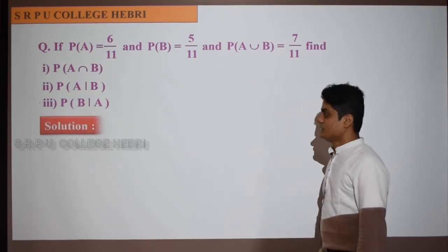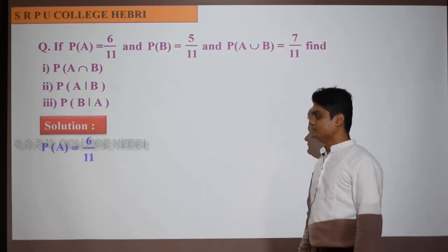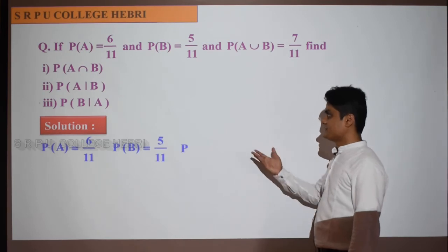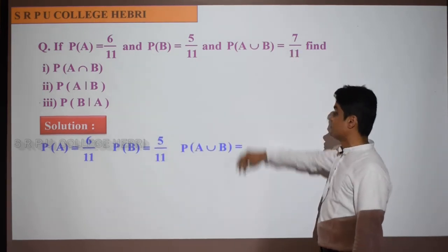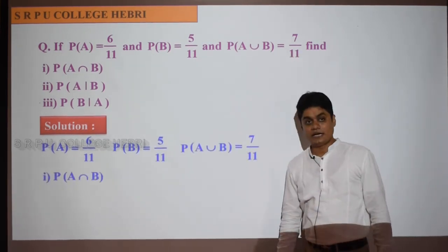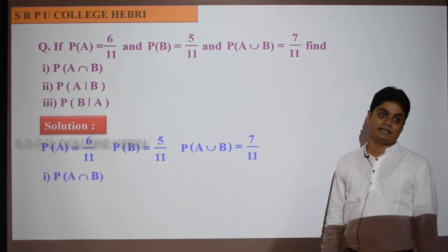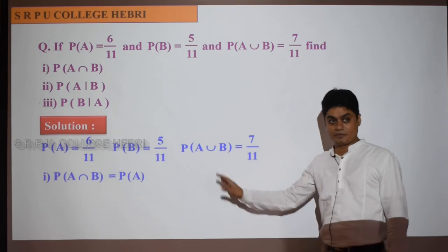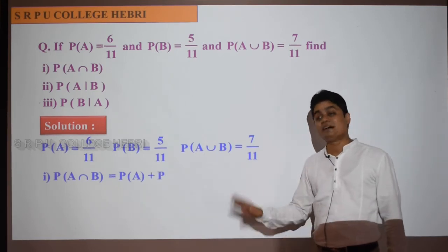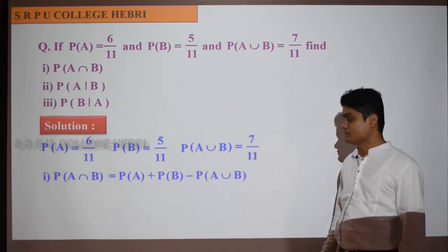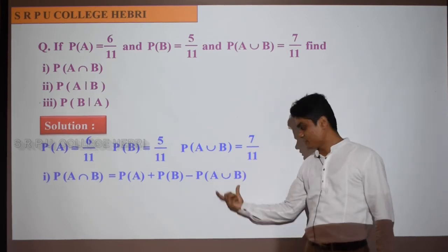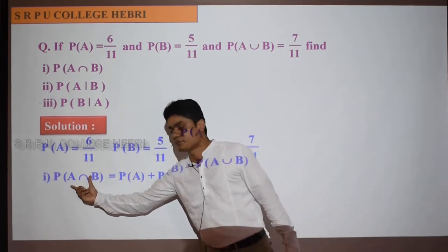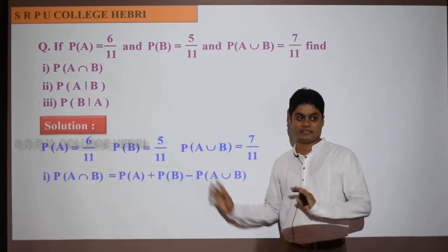Write down the given data once. Probability of A is given, probability of B is given, probability of A union B is also given, and we require probability of A intersection B. So what is the probability of A intersection B? Probability of A intersection B is probability of A plus probability of B minus probability of A union B. Actually, whichever formula you have, either probability of A union B comes or probability of A intersection B comes. So I wrote it directly.